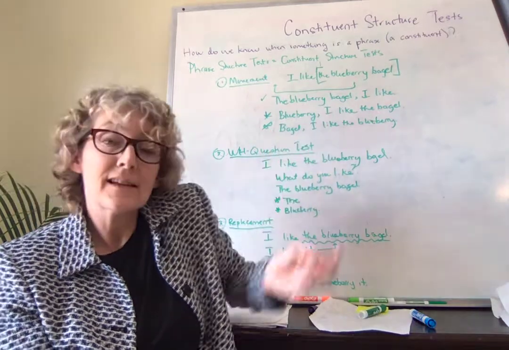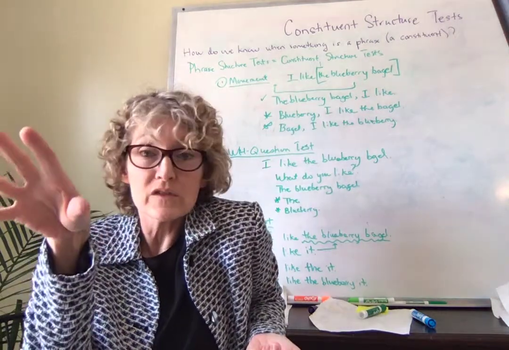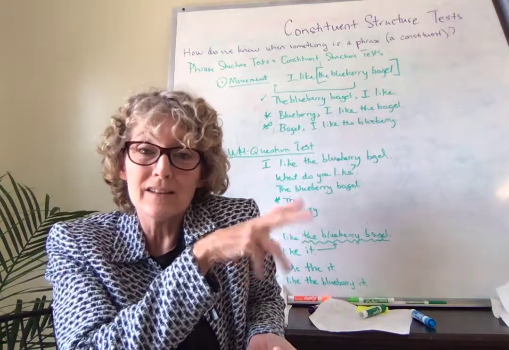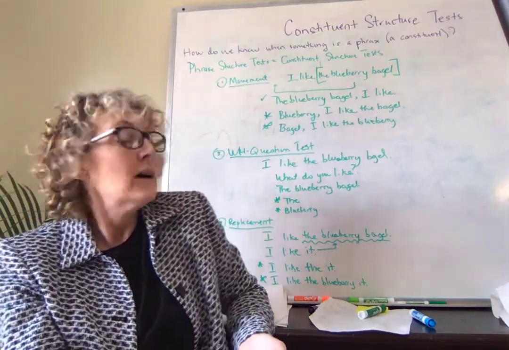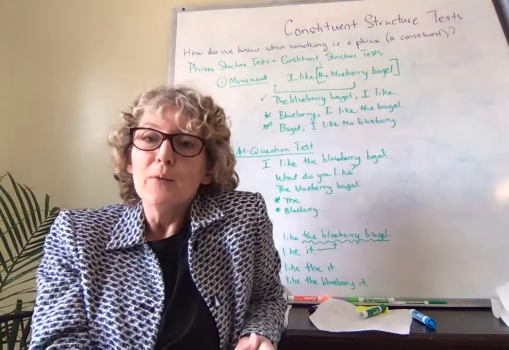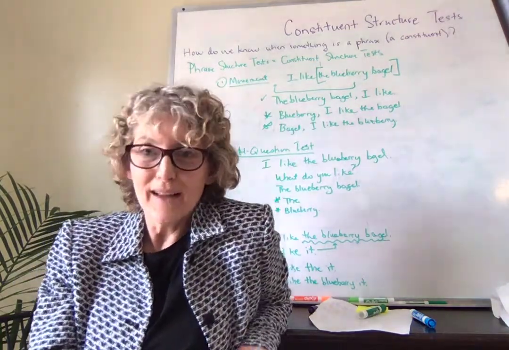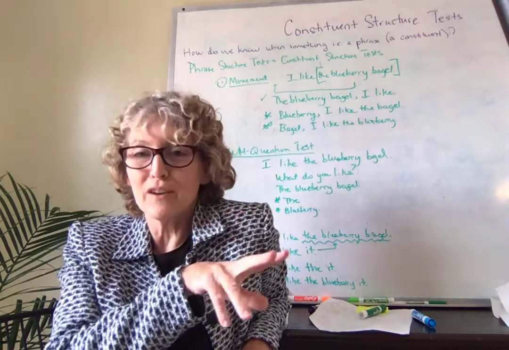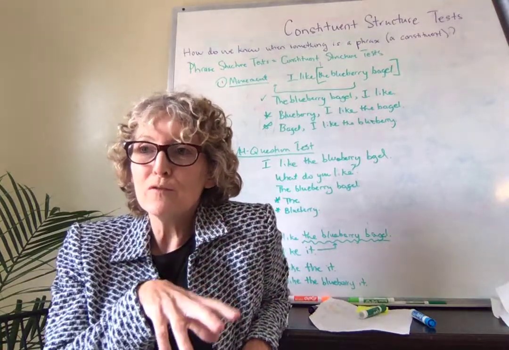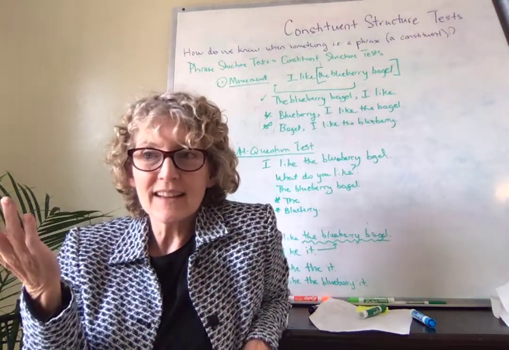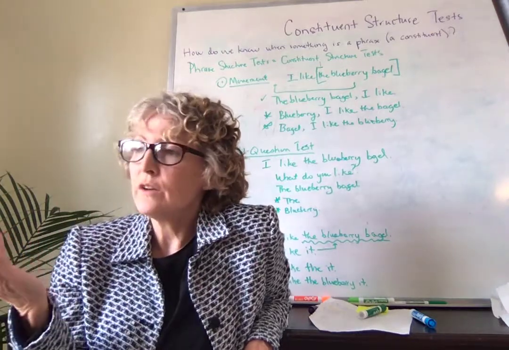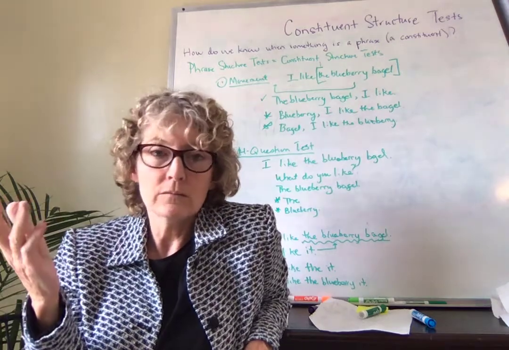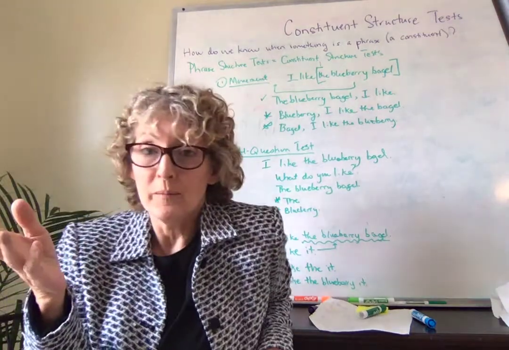Another way to say the sentence is, what if we just focused on bagel and we move that to the front of the sentence? Then we would have bagel, I like the blueberry. And we get something similar to what happens if we just move blueberry to the front of the sentence. If we just move blueberry, you can imagine saying that if your friend is named Blueberry. And imagine if you have a friend named Bagel. Hey, Bagel, I like the blueberry.